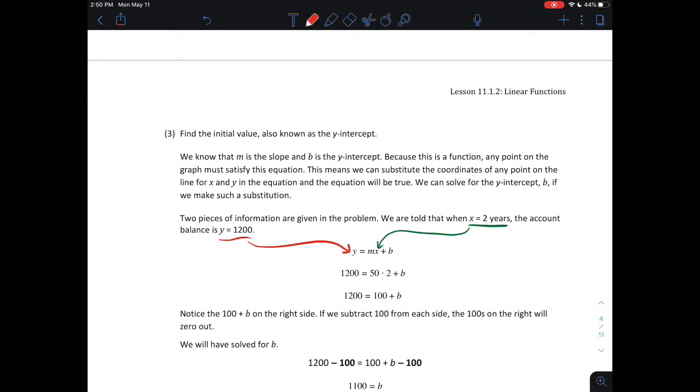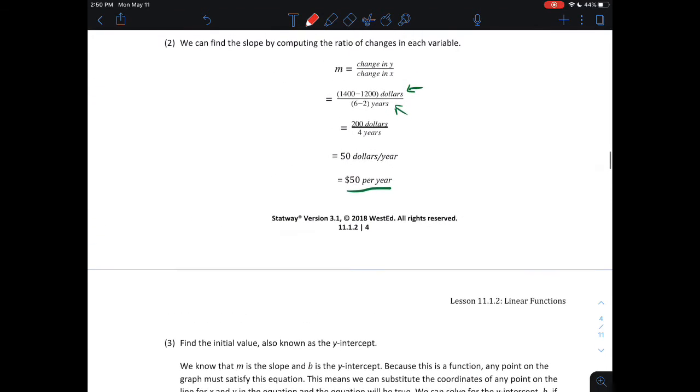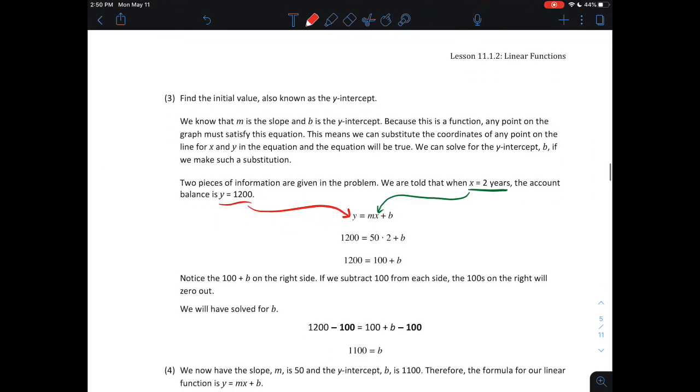And then we're also going to take the m value that we just found on the previous page, m equal to 50, and put it in where we see the m. So that means I have 1200 on the left, where the y was, equal to 50 times 2, instead of m times x, plus b. So then our equation becomes 1200 equals 100 plus b.